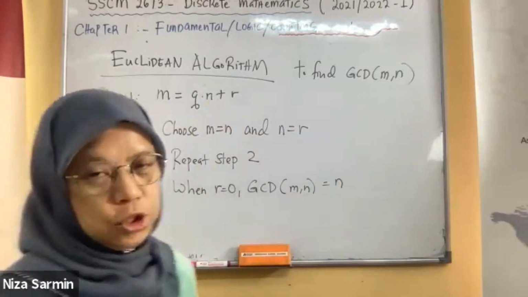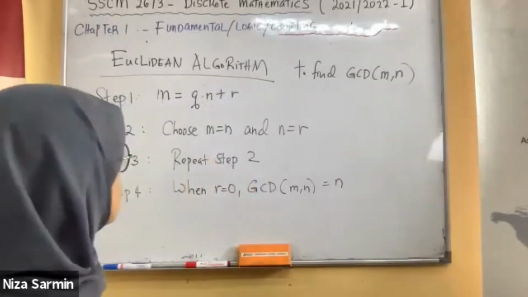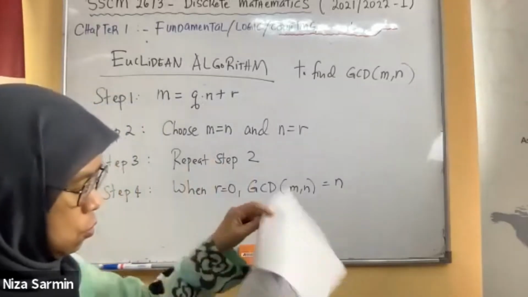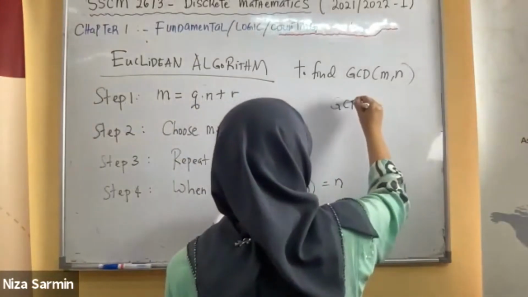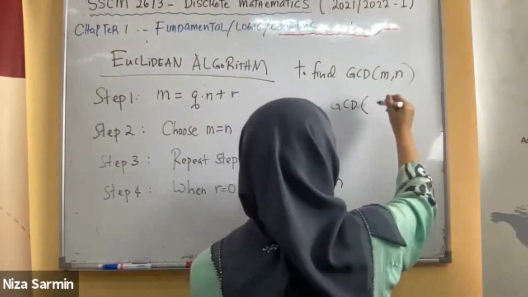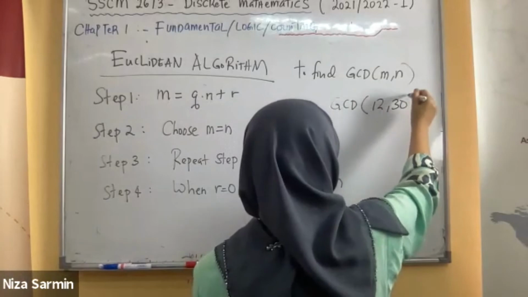What you do is you divide, right? So just now, we go to the easy question. GCD of 12 and 30.